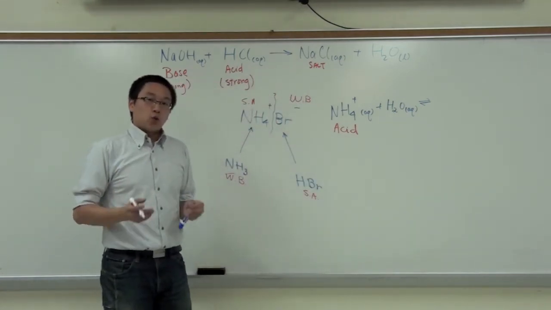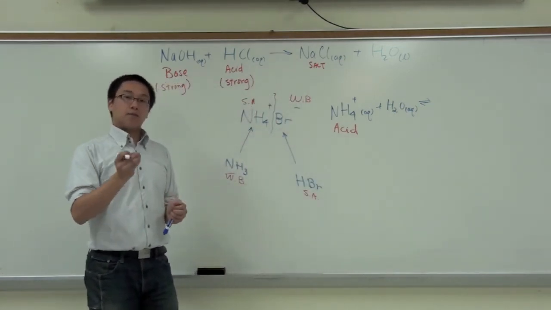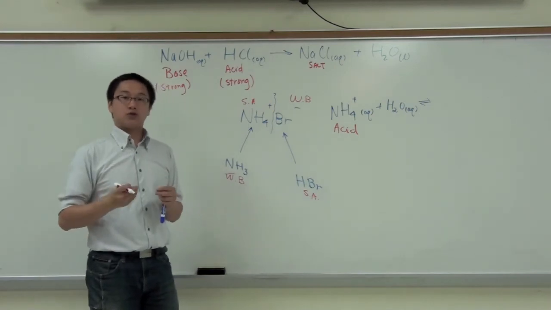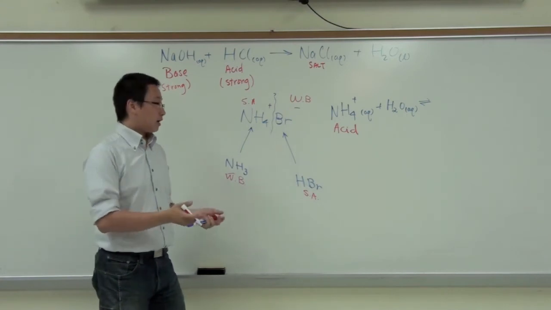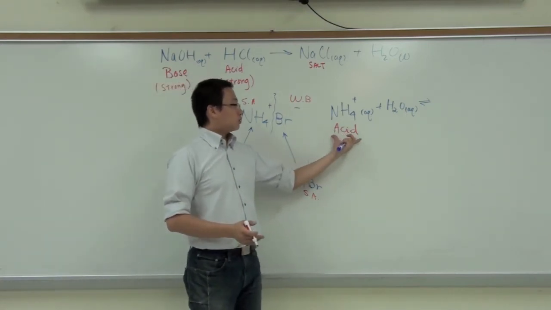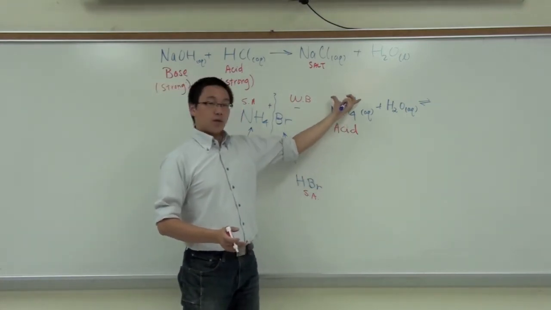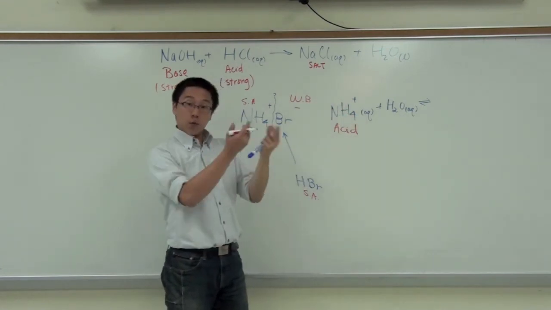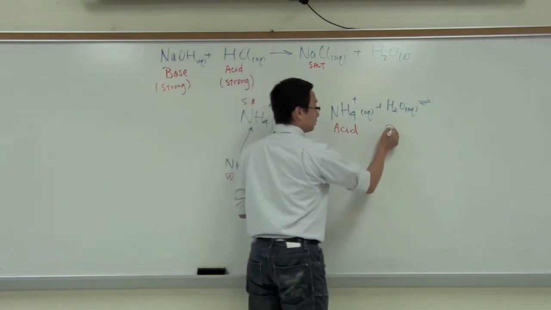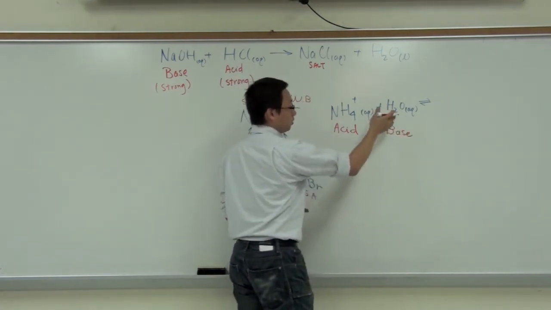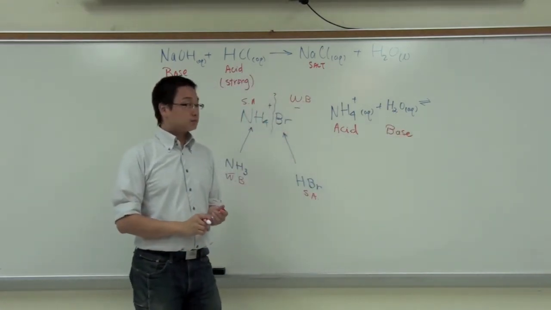For an acid to qualify as an acid, it must be a proton donor. It has to donate or give away a proton, or hydrogen ion, H+. So what's going to happen is that NH4+, the ammonium ion, is going to give away a proton. So who's going to get it? The water is going to get the proton. So water in this case will be a base.